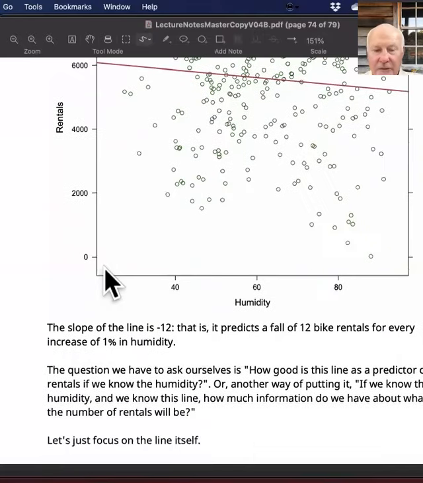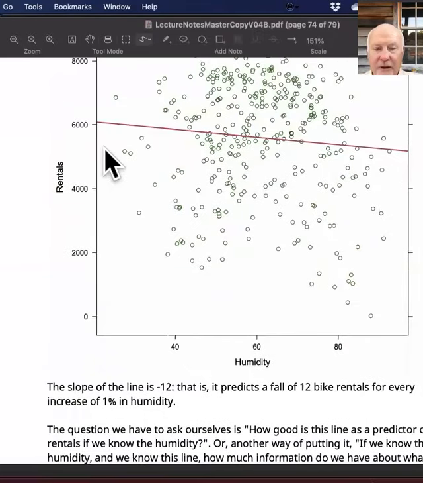I have the actual number down here. So the slope on this is -12. If we accept this line as a model of what's happening with humidity and bike rentals, the model estimates that for every increase of 1% humidity, the number of bikes rented goes down by 12.